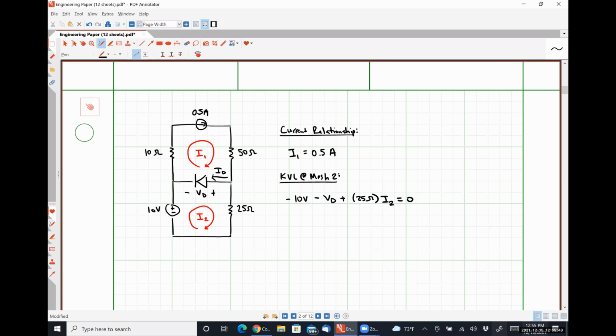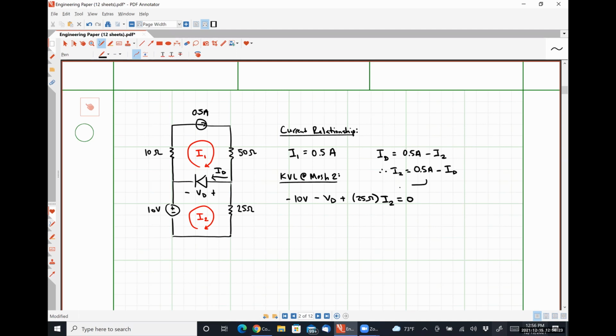All right. We can get another current relationship equation that says ID is equal to I1 minus I2, so I'm going to put that as 0.5 amps minus I2. We could rearrange this and say that I2 is equal to 0.5 amps minus ID, if I did my algebra correctly.